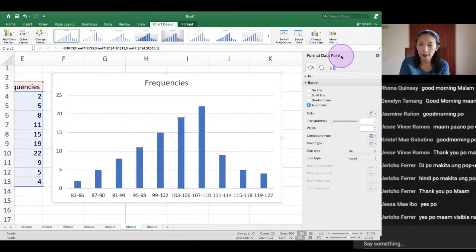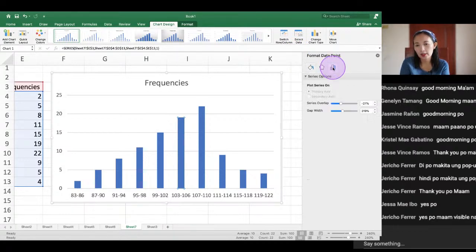Format data point. Look at this side, the right side of the screen. Format data point and select series options.